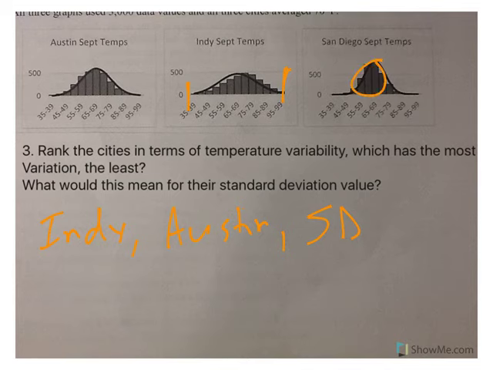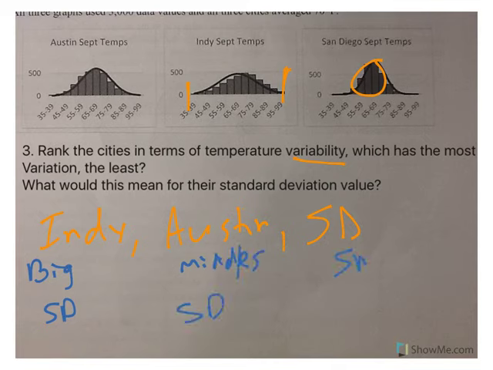So when it comes to standard deviation, the more variability, the more spread out it is, the higher the standard deviation. So Indy would have the biggest standard deviation, Austin would have the middle standard deviation, and San Diego would have the smallest standard deviation.